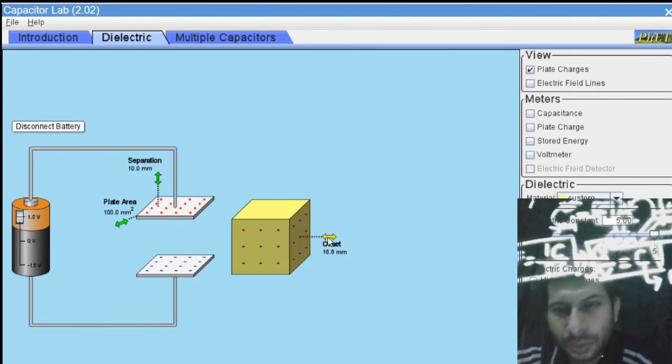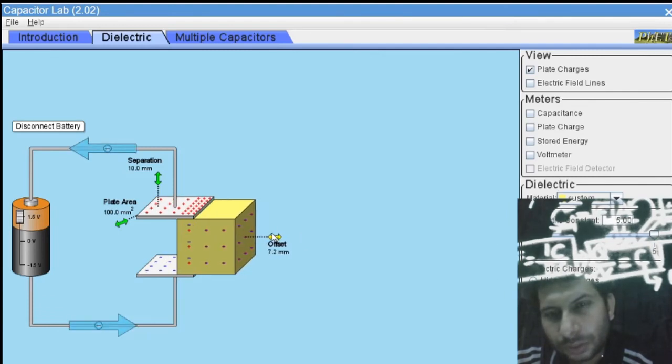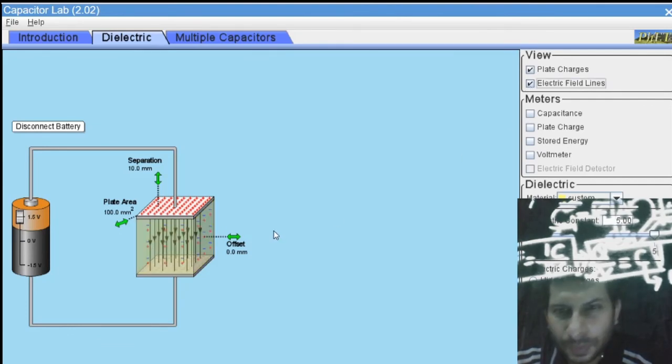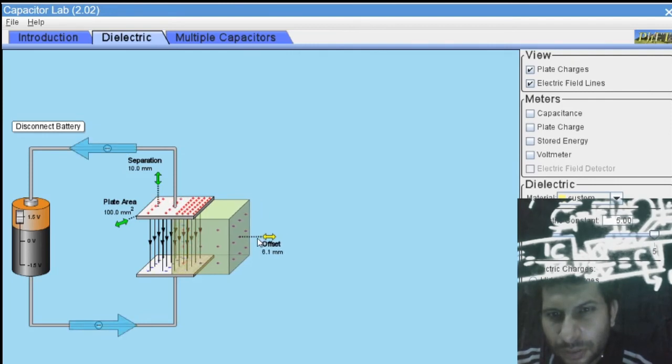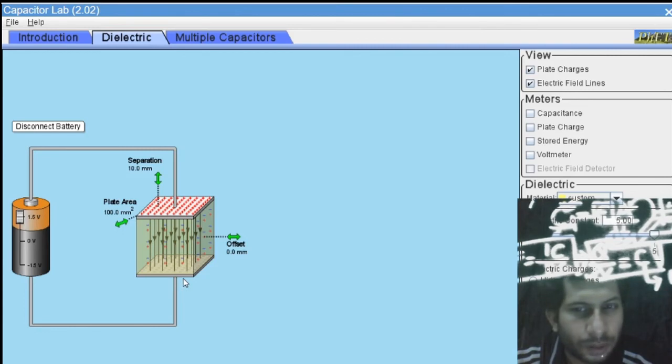As we move it inside these two plates, you can observe that due to the electric field lines and the positive and negative charges on the respective plates, the dielectric increases the charge on the above and below plates, with the positive plate becoming more positive and the negative plate of the capacitor becoming more negative.